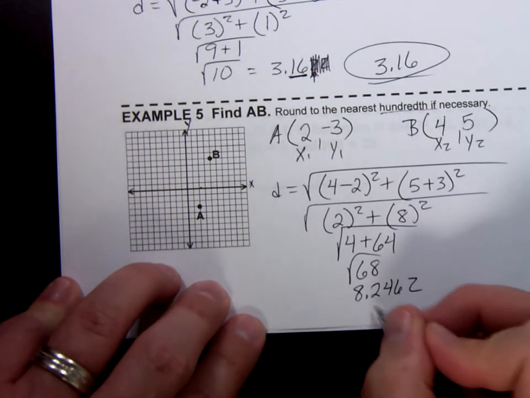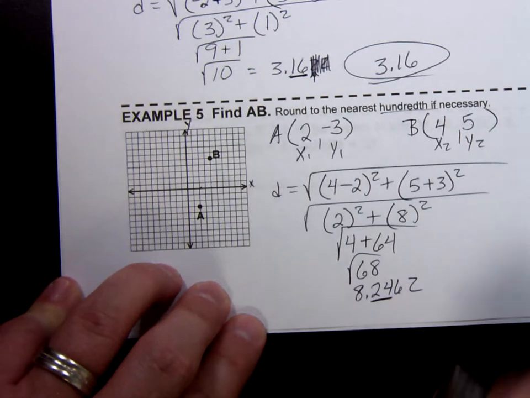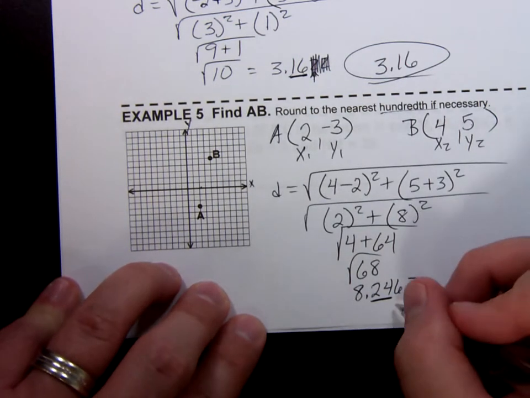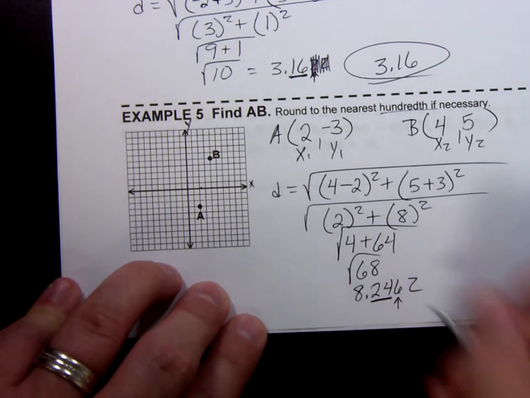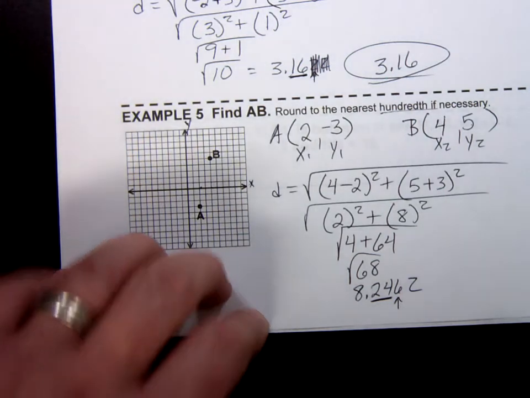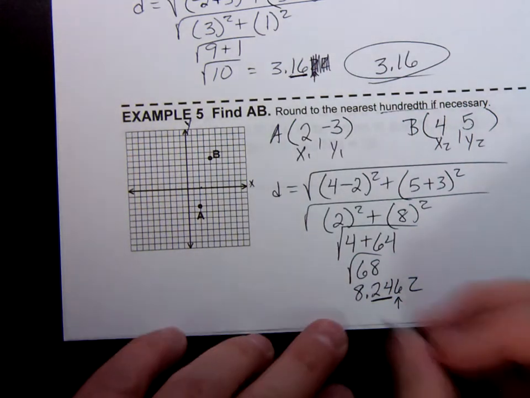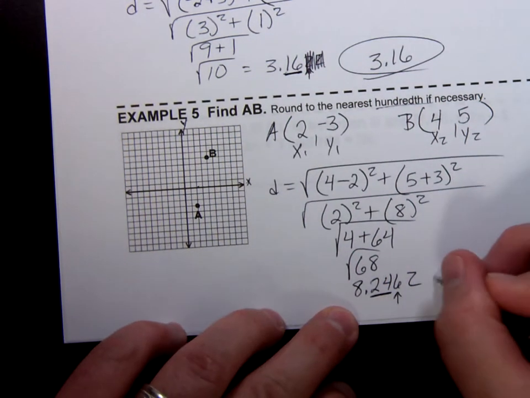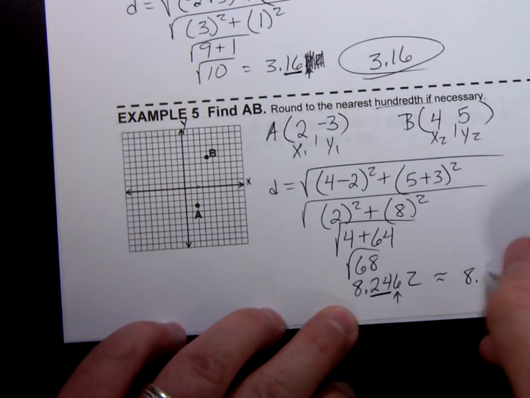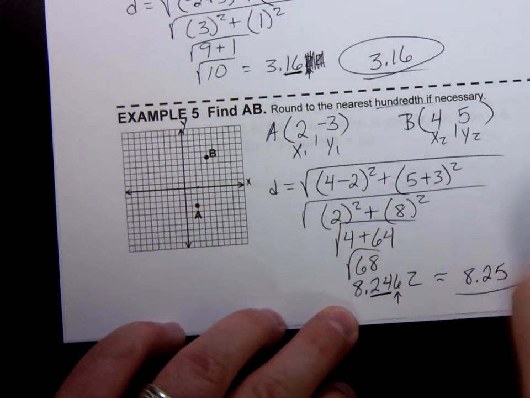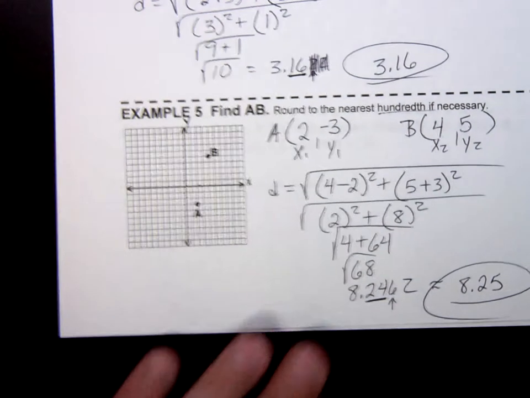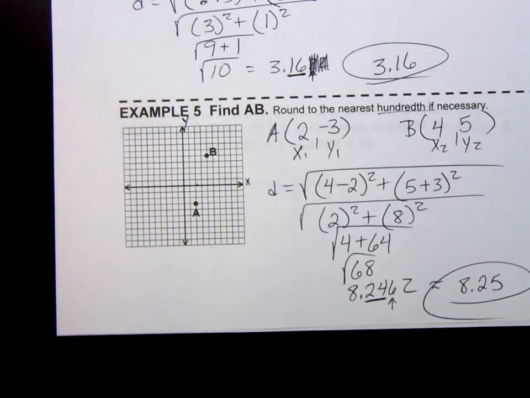I'm only keeping 2 numbers after the decimal point. So I look at the first number I'm not keeping, and it's a 6. Now that number is 5 or greater. It's big enough to round up. So that means the last number that I am keeping needs to increase by 1. So instead of being 8.24, it's going to be 8.25. And that is the approximate distance between point A and point B on this grid.